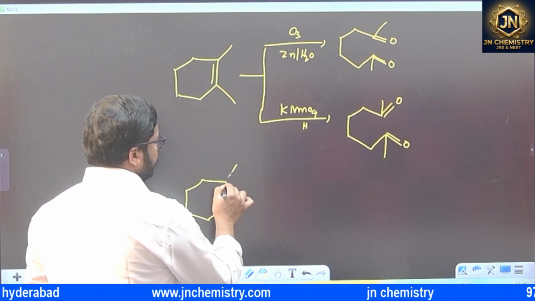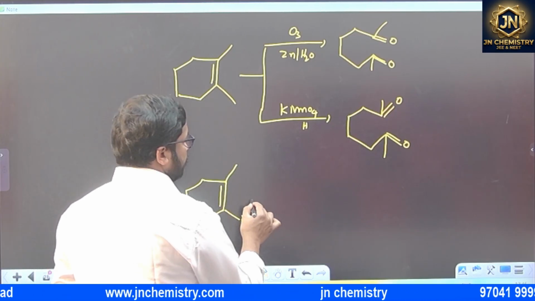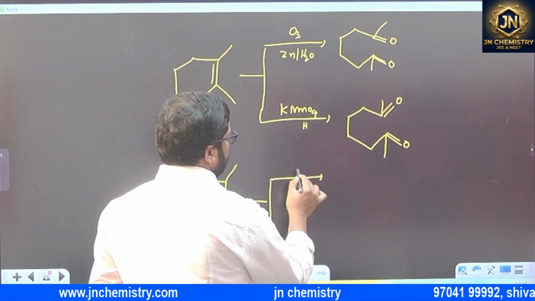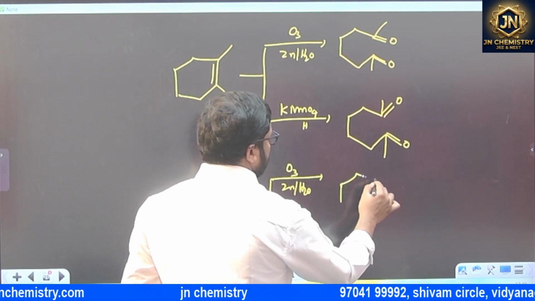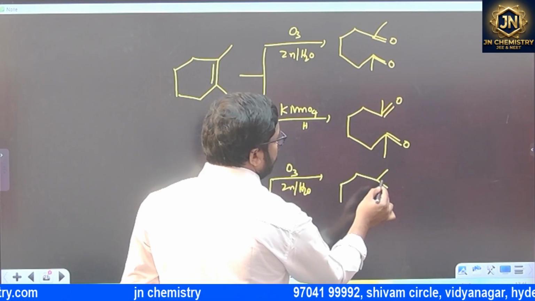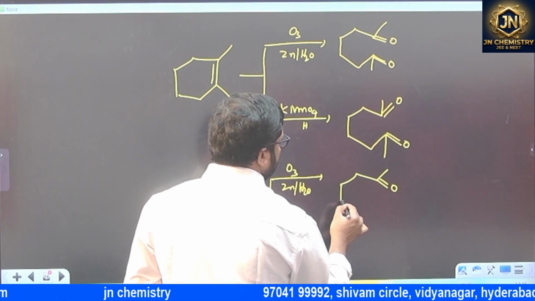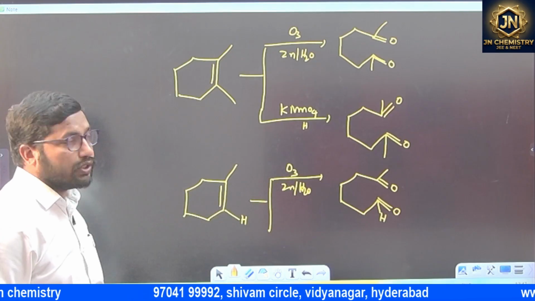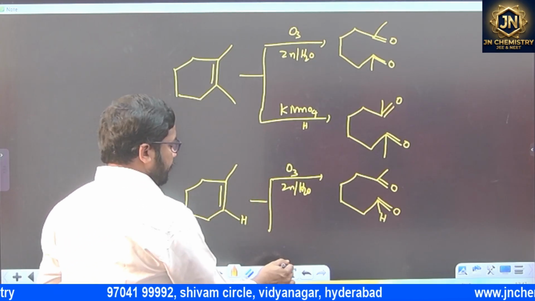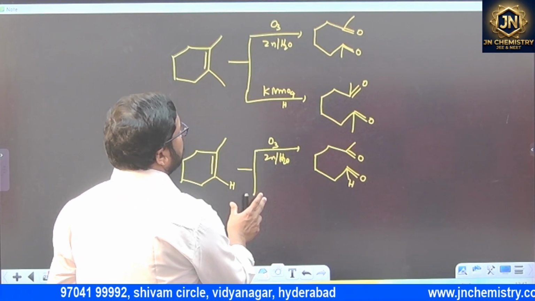To differentiate these two, I'll give you one more example, to avoid the confusion. Here, if I am giving a hydrogen, for example, O3, zinc in presence of water, in this case no need to put anything, here also no need to put. Here it is H, like that only in ozonolysis. Whereas in case of KMnO4, what exactly happens?